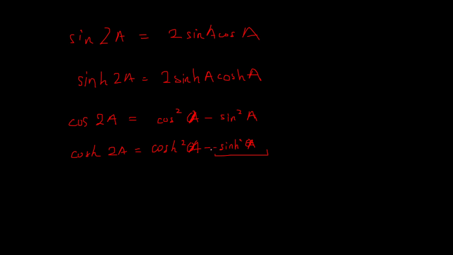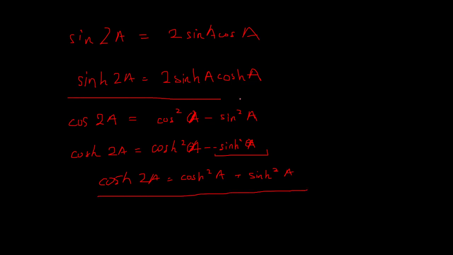Negative times negative is positive. So we have a new formula, cosh 2a equals cosh squared a plus sinh squared a. And that's the second double angle formula.